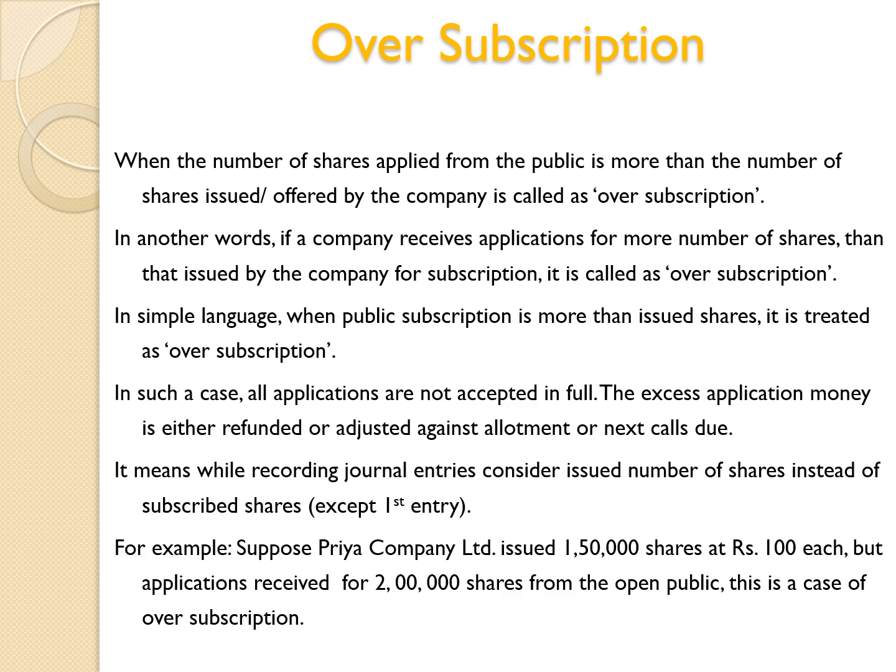In other words, if a company receives applications for more shares than those issued by the company for subscription, it is called oversubscription. In very simple language, when public subscription is more than issued shares, it is treated as oversubscription.